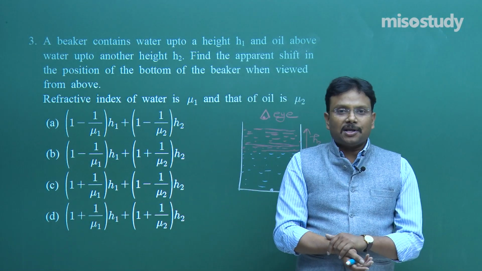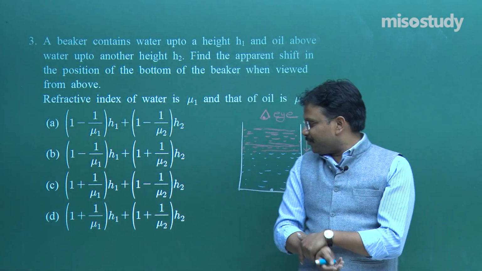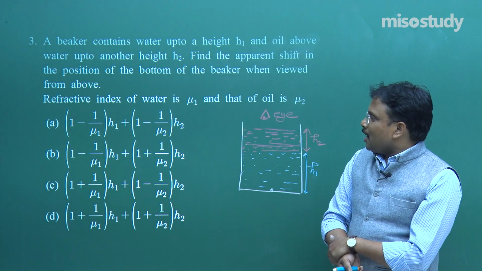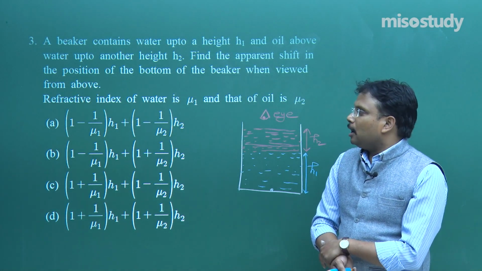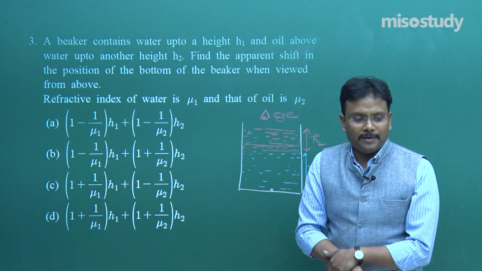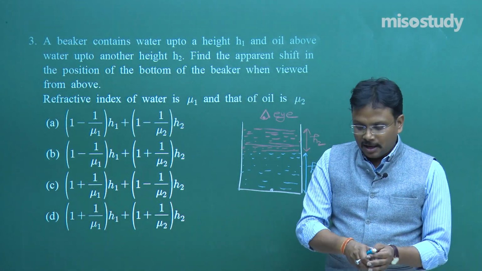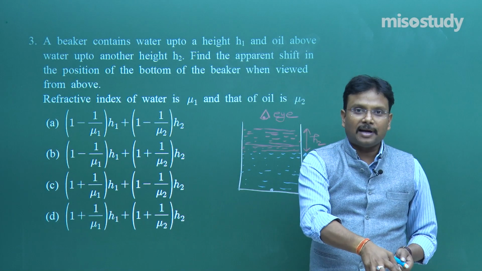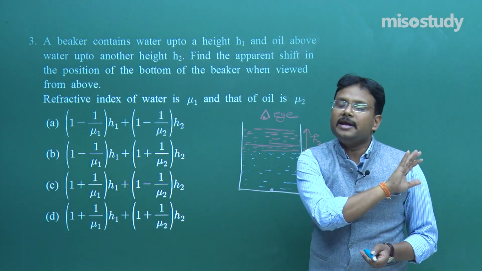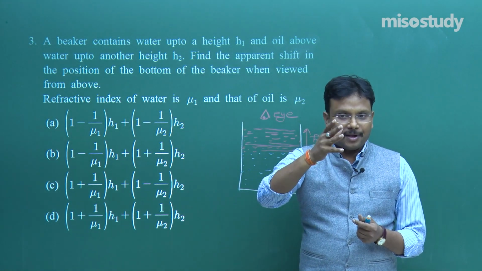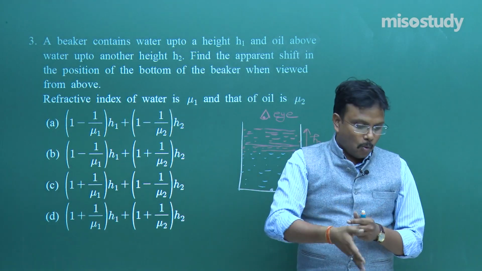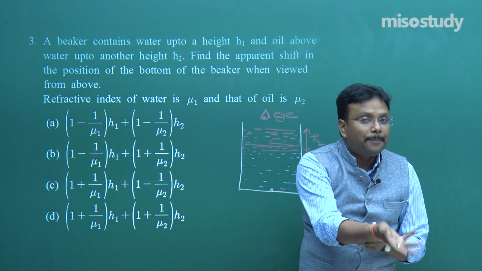Actually, I would like to mention a very interesting concept over here. If at any point of time you have visited a place where, for example, a crystal clear water river is flowing and fishes are moving, and you try to put your hands inside the water and pick a fish, you will never be able to. The reason is that your eyes are judging by the apparent depth, while the fish is at a different depth.